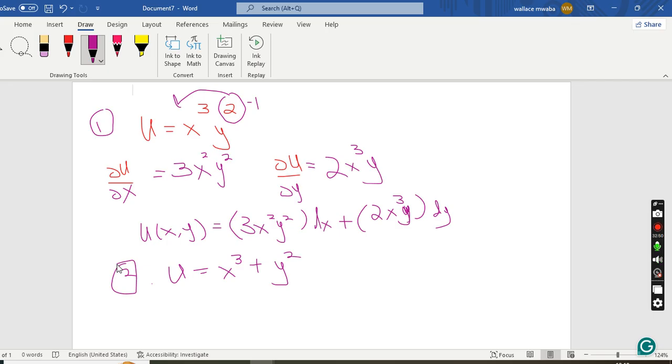Let's do it in steps. Partial derivative with respect to x, 3x squared, right? This is how this utility function increases with respect to x when you hold y constant.